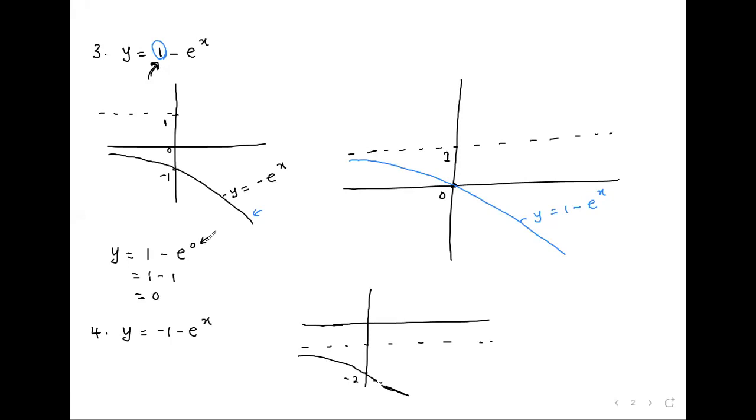We know you've been doing this for all functions since topic 2. For all the polynomials, how do you find the y-intercept? When x is 0. So you do the same in this family.